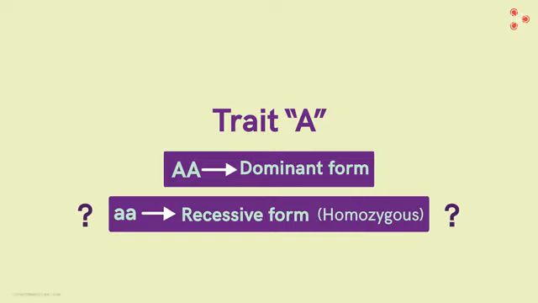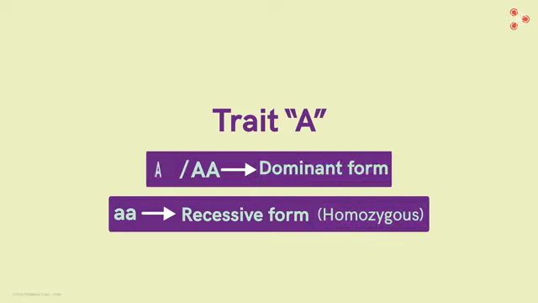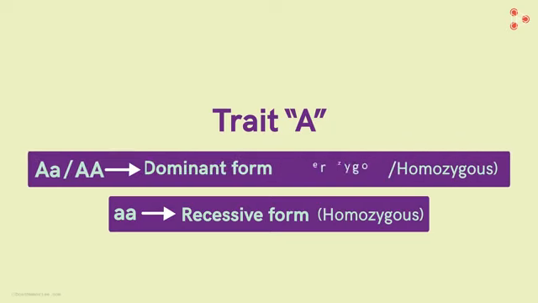Why? Yes, we know that the recessive character is expressed only when it's in the homozygous form. But the dominant character can have both the sets of alleles. So, AA in uppercase as well as Aa, one in upper and the other in lowercase, can give us a dominant case. So, it could be homozygous or heterozygous.